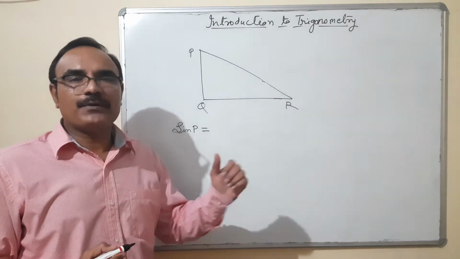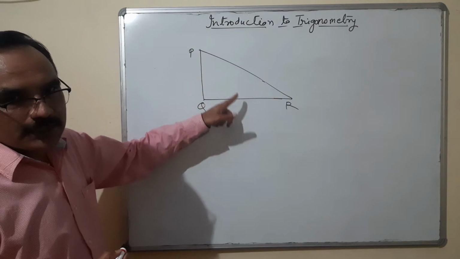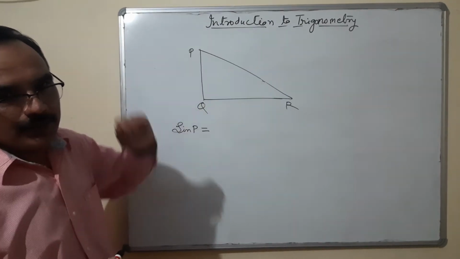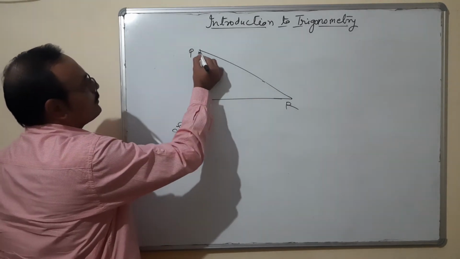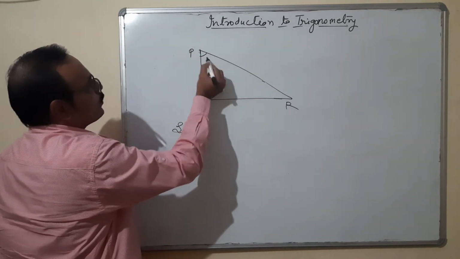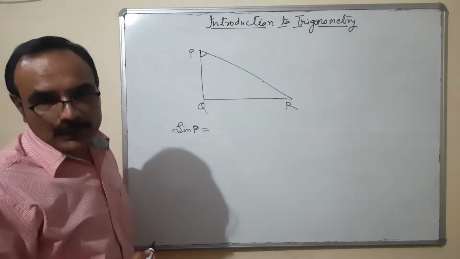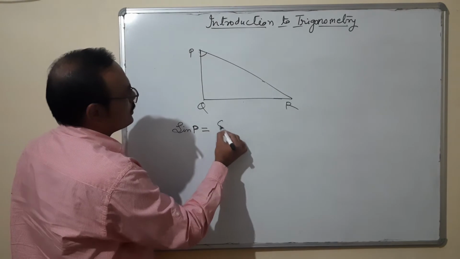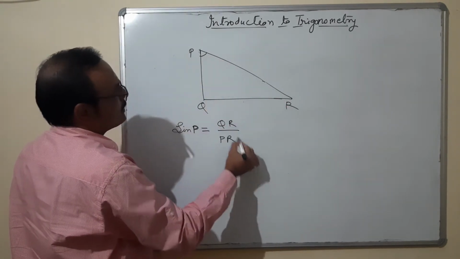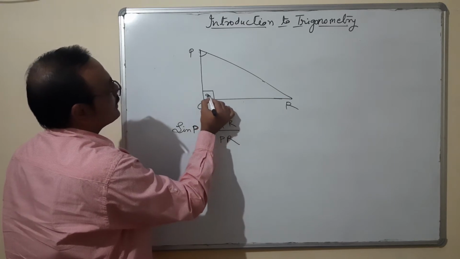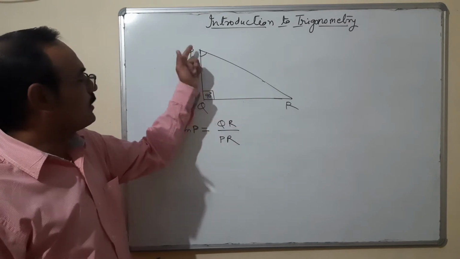Perpendicular upon hypotenuse, opposite side upon hypotenuse. Because we have taken angle P, what is the opposite side of P here? QR. So QR becomes the perpendicular. That means sine P is equal to QR upon hypotenuse PR, because the hypotenuse is fixed, which is opposite to 90 degrees. Sine P is QR upon PR.